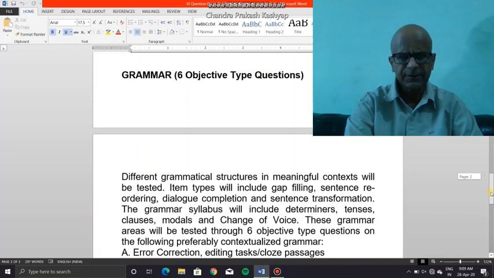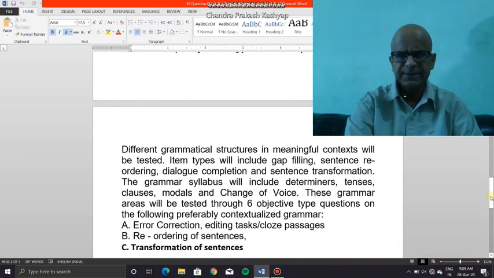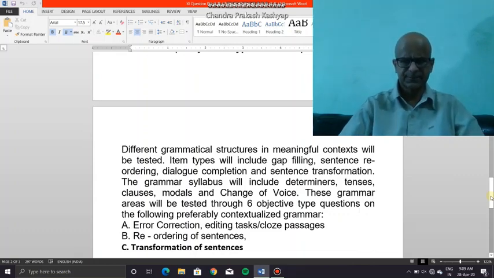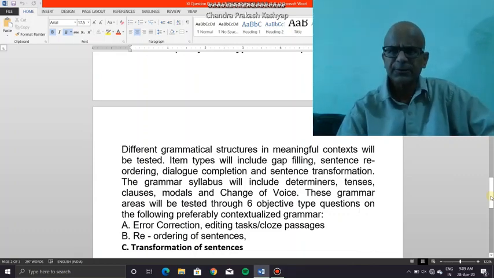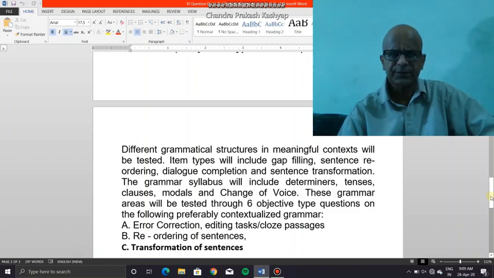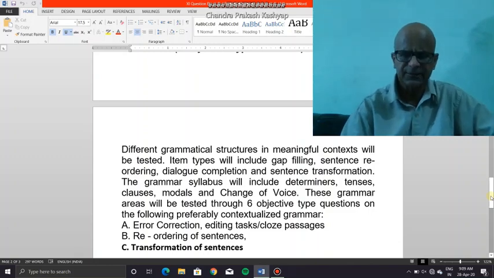And grammar, basically, this is what the revised course content that the CBSE has given. The grammar portion that you'll be tested on comprises determiners, tenses, clauses, modals and change of voice. Again, here determiners and modals are what you're already familiar with. You did that in class 9th and 10th.